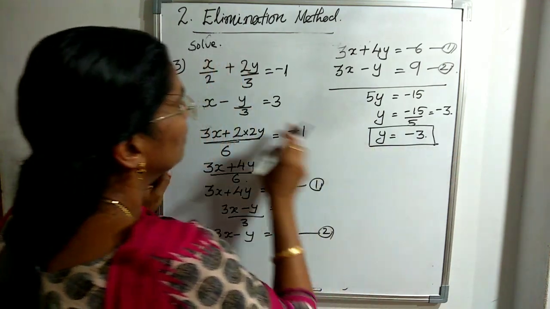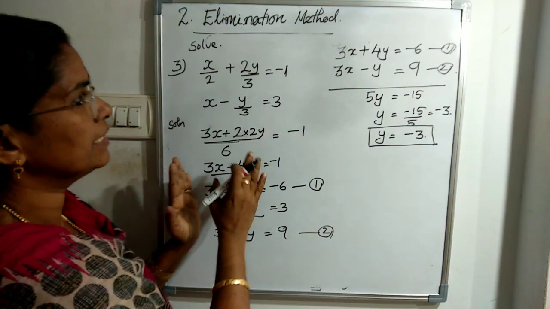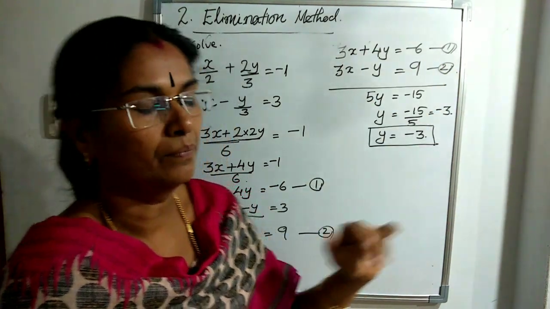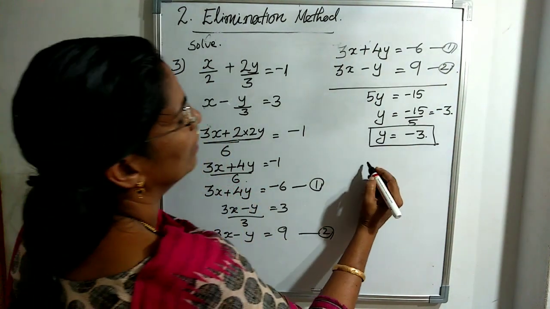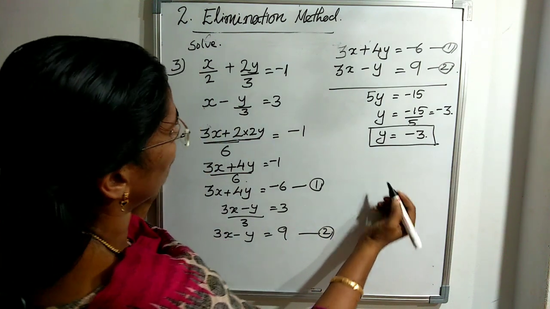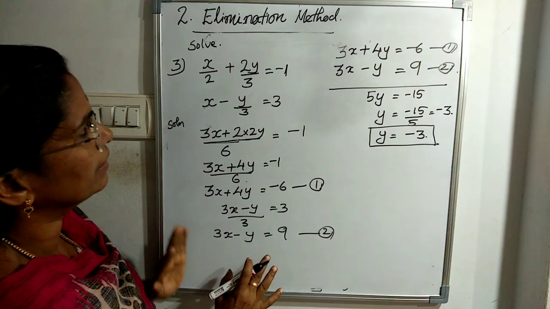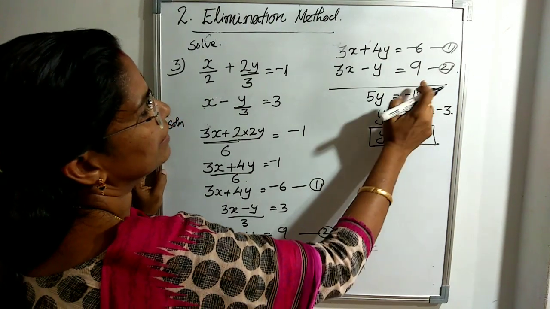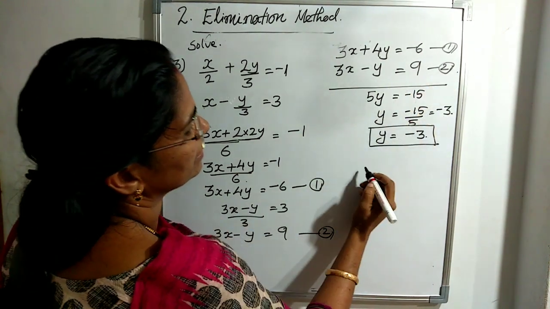Clear this step? First we change the fractions and make the equation without fractions. After that we follow the same method. Now we have to find the value of x. You can take any one equation and substitute y = -3 there. We take equation 2, since it is small.